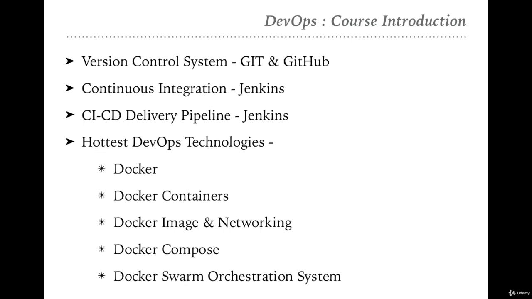We will also jump into Docker networking: what egress is, what ingress is, and how bridge and default networks work inside Docker. Then we will move to Docker Compose and Docker Machine.